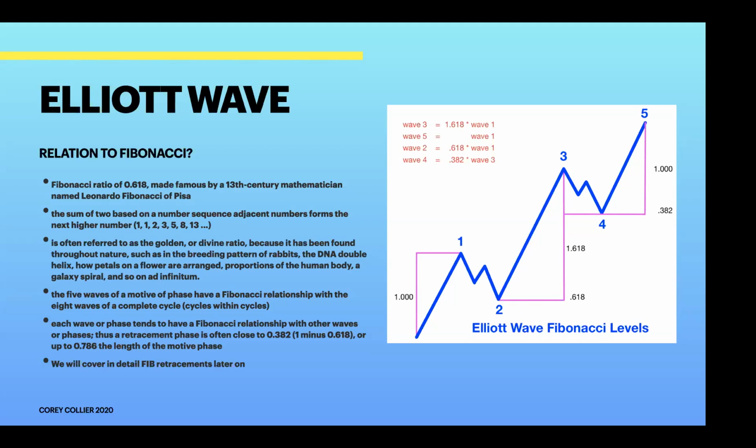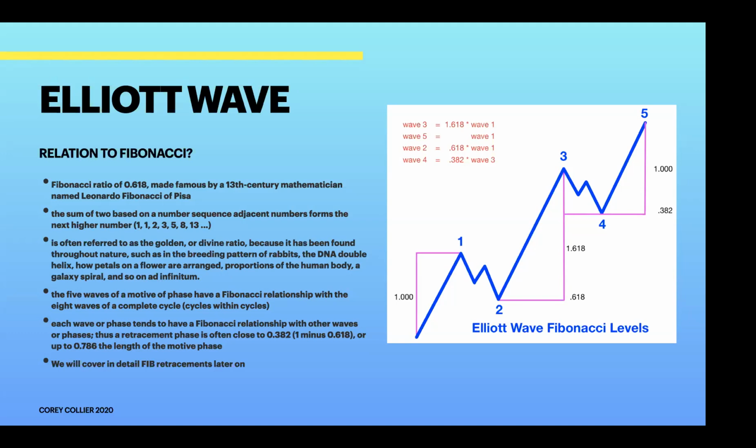Each wave or phase tends to have a Fibonacci relationship with other waves or phases. Thus, a retracement is often close to the 0.382, which is 1 minus 0.618, or up to the 0.786, the length of the motive phase. And we'll cover Fib later on here in a sec.